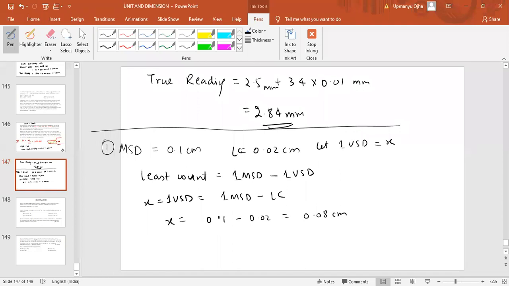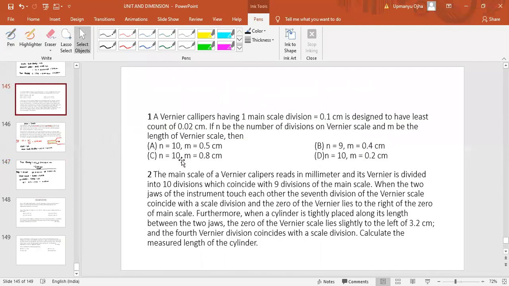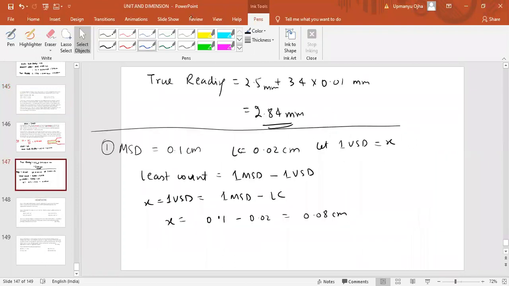Now in this question you have to look at the options. If I take option number C, if we have 10 divisions, what would be the length of the vernier scale? That would be one vernier scale division x, that is 0.08 into 10, which will come as 0.8 centimeter.